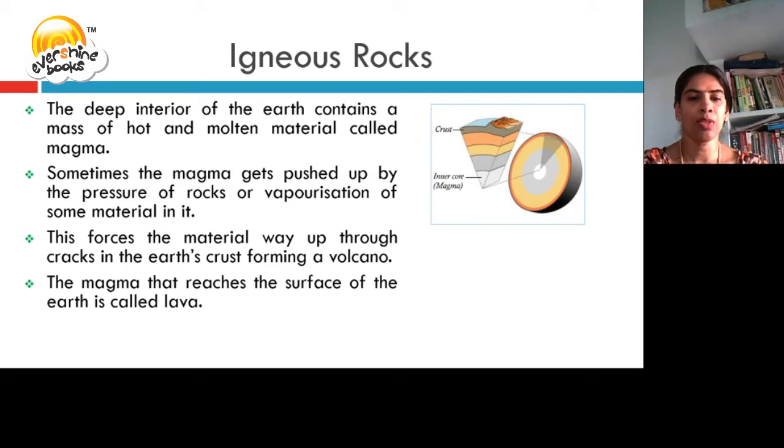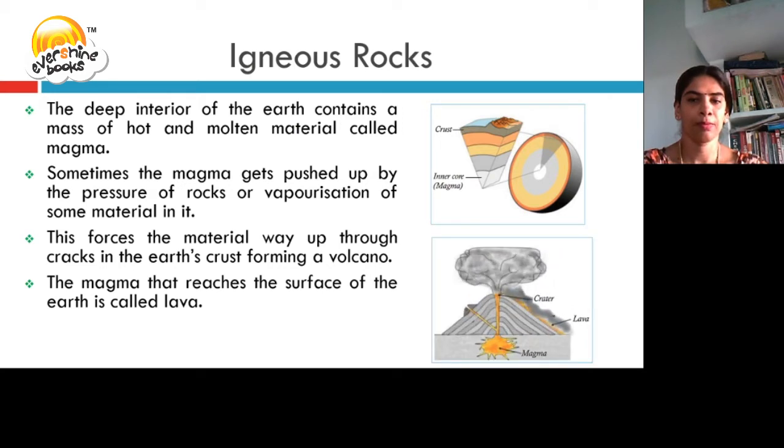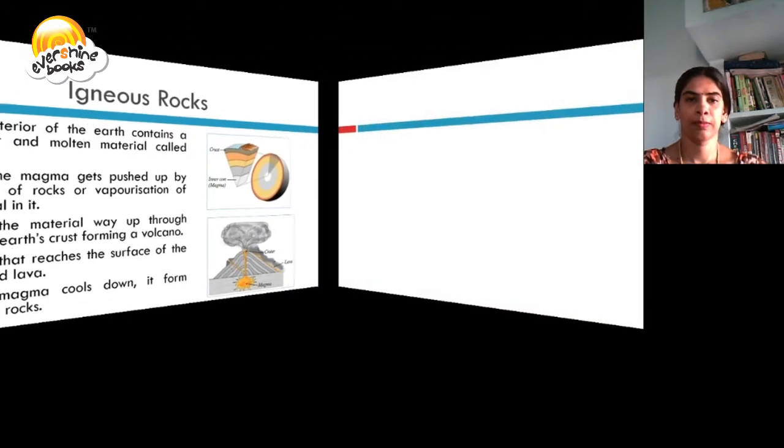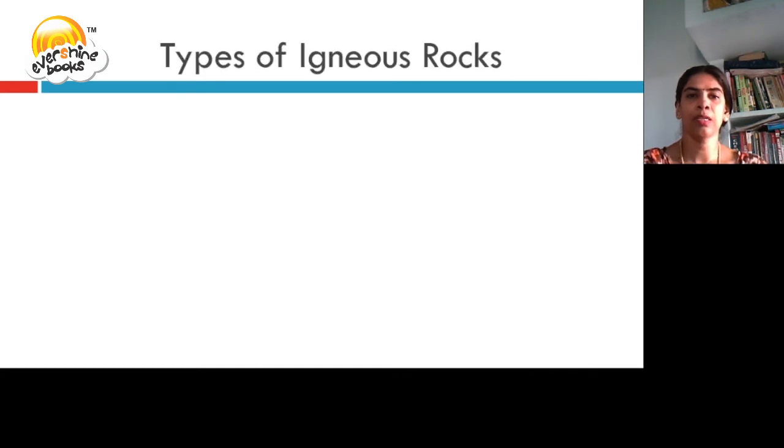The magma that reaches the surface of the earth is called lava. When the magma cools down, it forms igneous rock, which is also known as fire rocks.